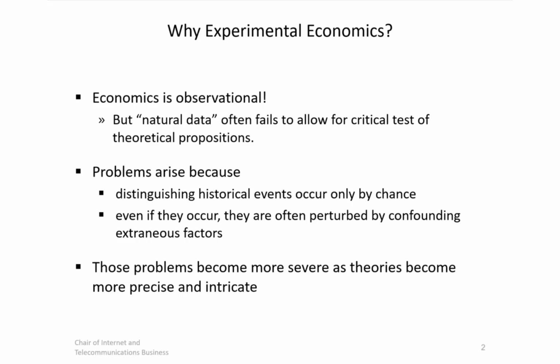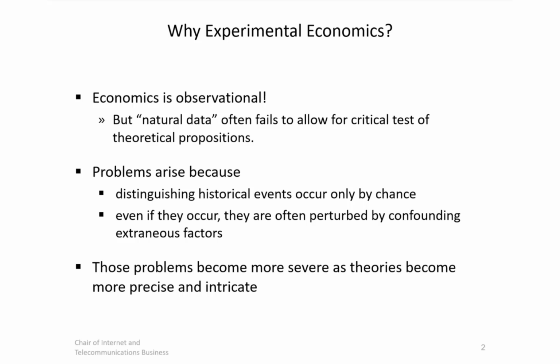But often natural data, the observational data, fails to allow for critical testing of theoretical propositions, because something might be changing because of multiple factors, right? But we want to understand how one of those factors impacts the change. Often problems arise because there are distinguishing historical events that occur only by chance, and we cannot keep creating them, like, for example, an earthquake.